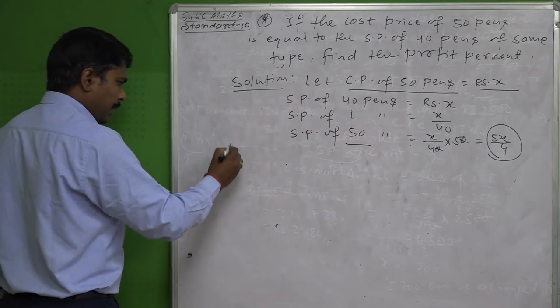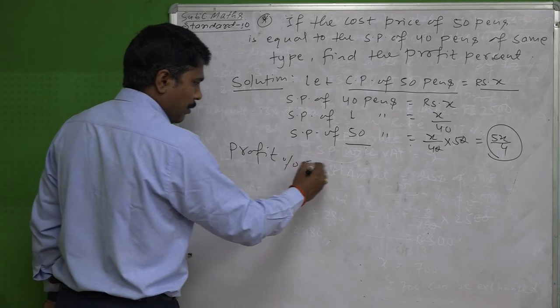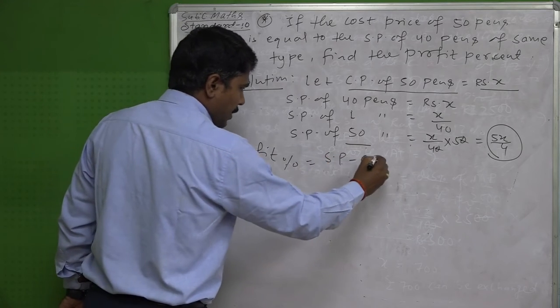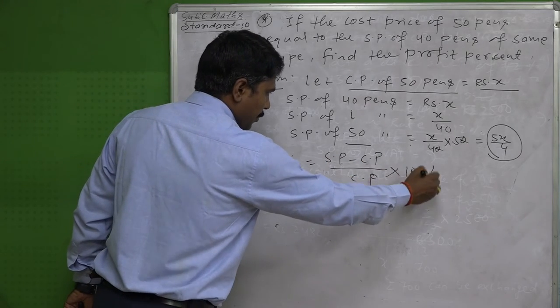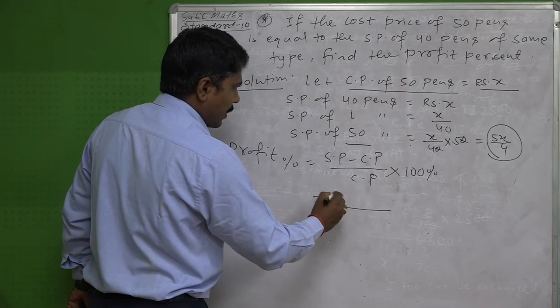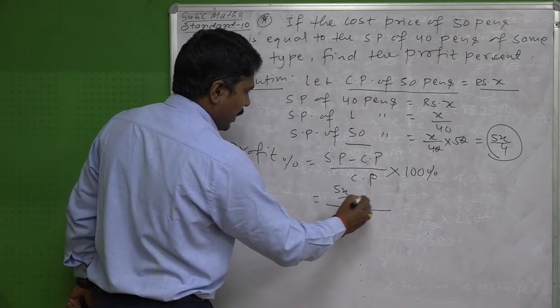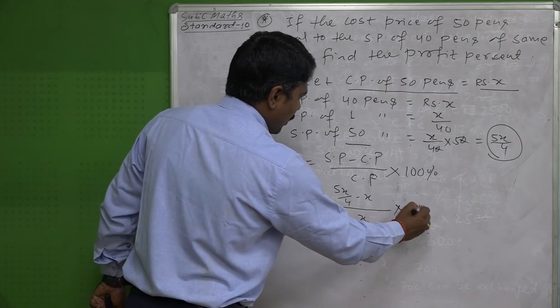Now you can find the profit percentage, which equals what? SP minus CP by CP into 100. If you use this formula, SP is our 5X by 4 minus X, and CP is X, into 100%.